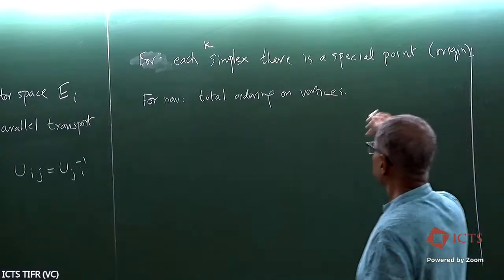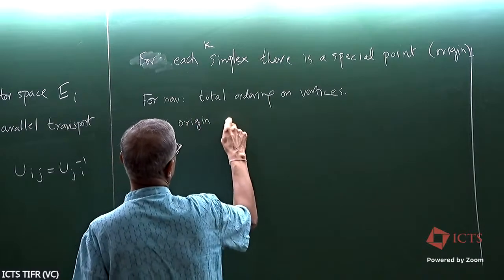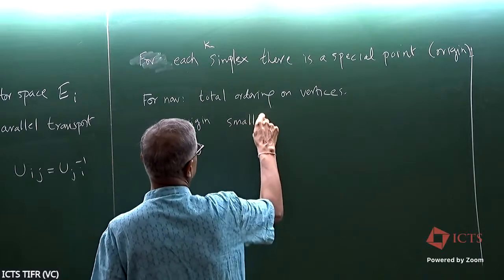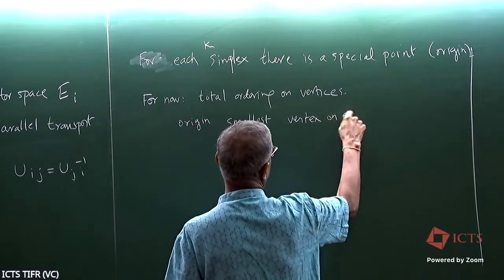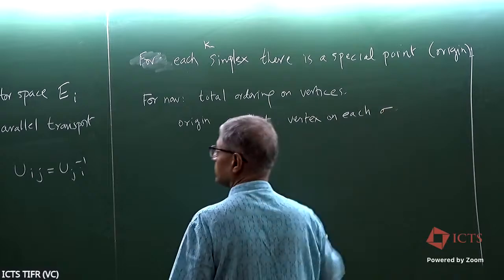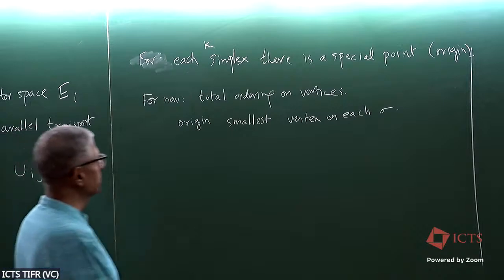And this origin vertex is the smallest numbered vertex on each simplex. So each simplex has some special point, and for now it seems to depend on an arbitrary choice of ordering, but so be it. We will remove that later.